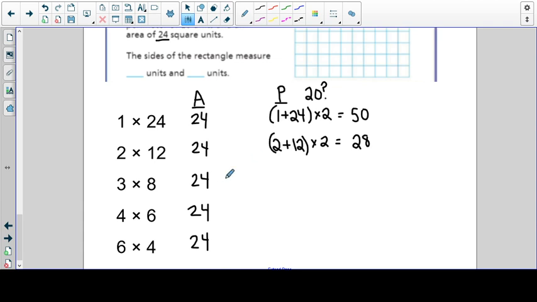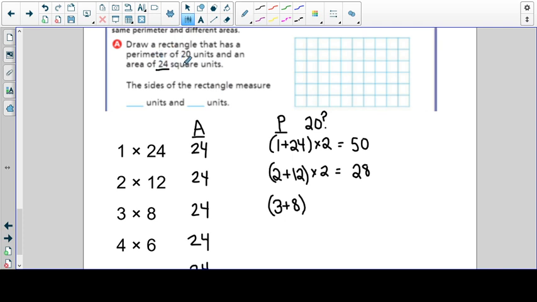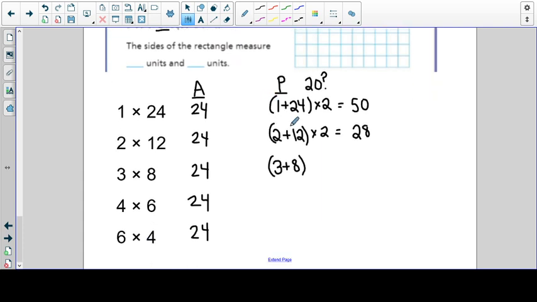That's not going to do it. 3 plus 8. And again, remember what I said, we go back up here and say what two numbers multiplied together give us 24. And instead of multiplying those two numbers, we add those two numbers and double it to find the perimeter. So let's see, 3 plus 8, 11.